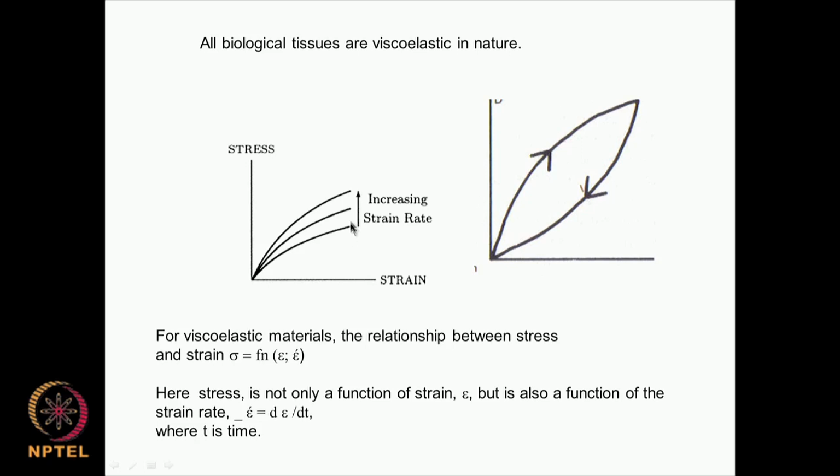So, they will not only depend on the strain, but also on the strain rate. Stress is not only a function of strain, but also a function of strain rate. That means time comes into the picture. All the biological tissues are viscoelastic in nature, and we will spend more time on this in the next class.